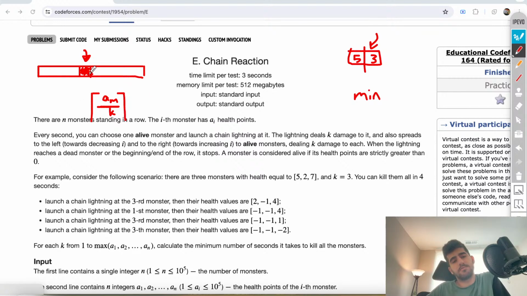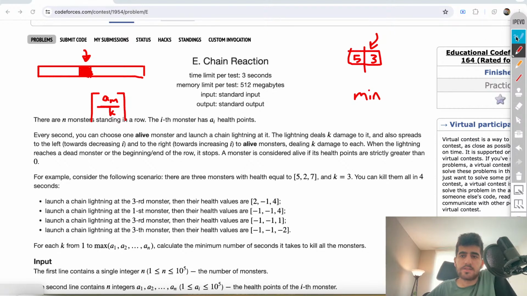So these many times all of the elements will be decreased by k. And then the rest of it will be split into different parts. And then the same thing happens in all of the subsegments. The minimum will be chosen and it will go like that.